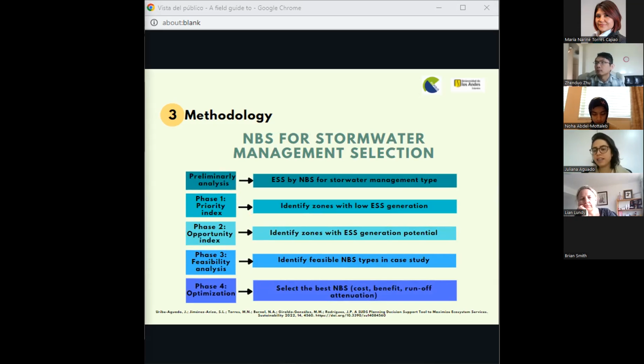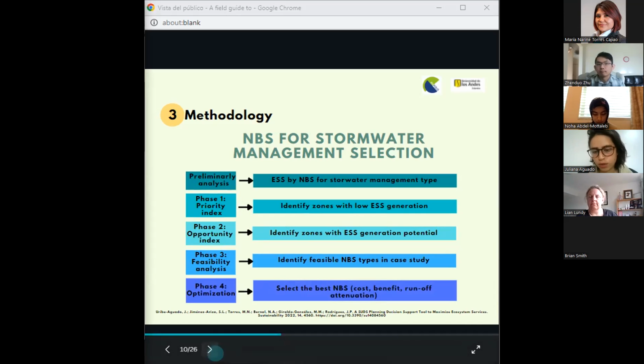Then we identify the zones of the case study that have a high potential of ecosystem services generation. And then we do a feasibility analysis in which the physical and geometric characteristics of the case study are evaluated to identify the potential location of these NBS. And finally, we use an optimization tool to select the best NBS according to cost, benefits, and the run-off attribution.